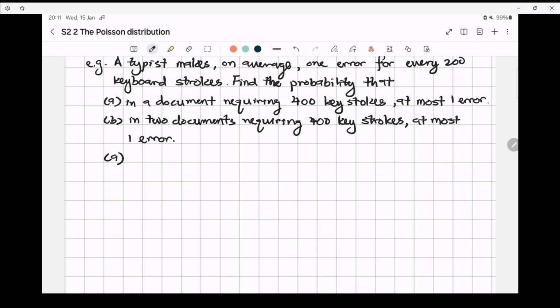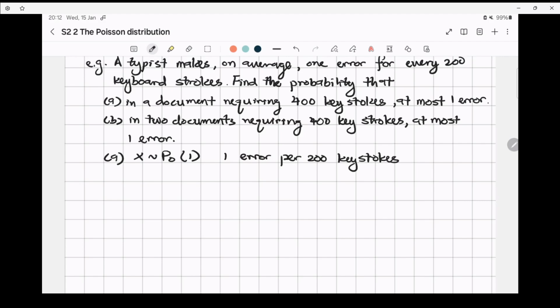So originally you have one error for every 200 keyboard strokes. So originally what you would model is something like this. This one represents one error per 200 keystrokes.